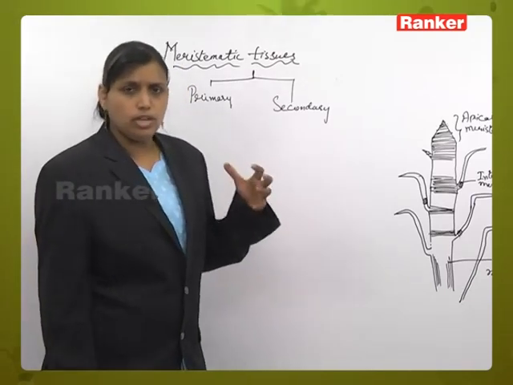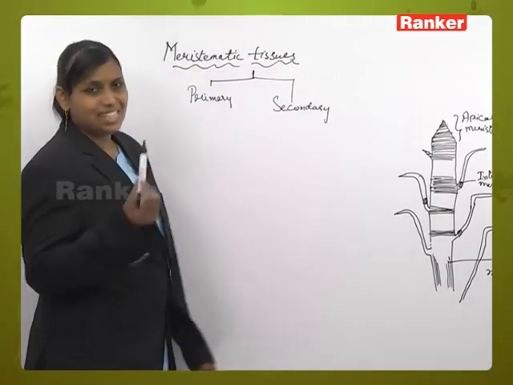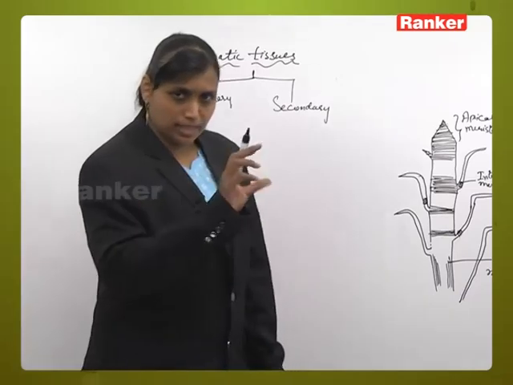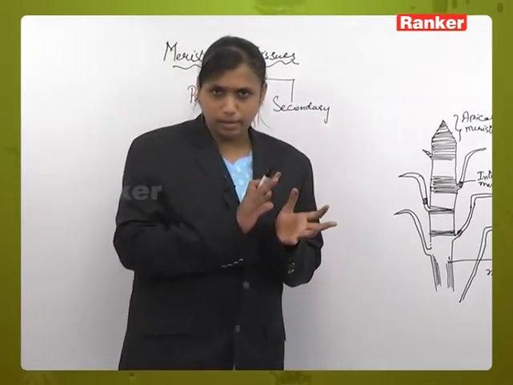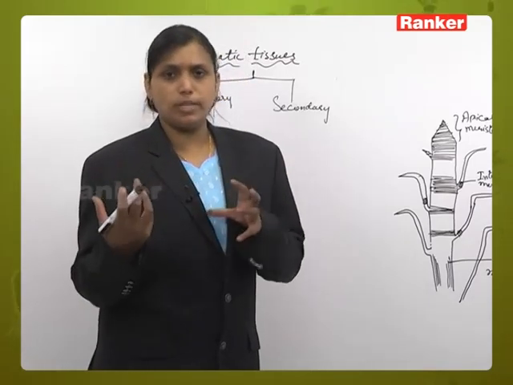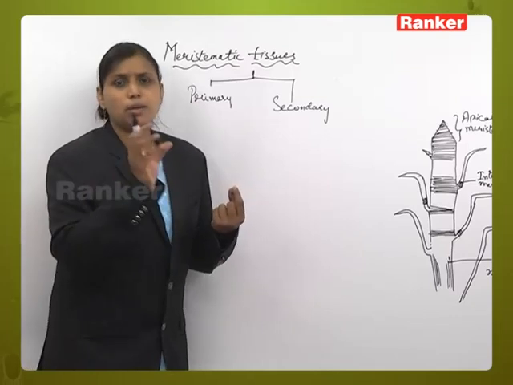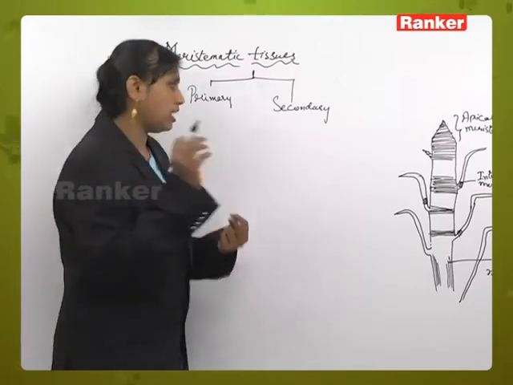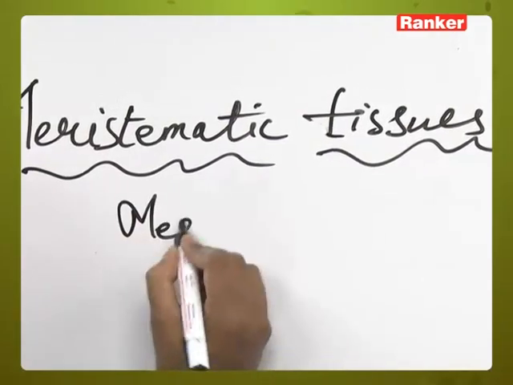Now when we come to the structure of cells, how can you differentiate that a particular tissue is a meristematic tissue? How can you differentiate between parenchymal cells, simple tissue, complex tissue, right? So there are some basic characteristics where we can say that this is a particular meristematic tissue. So what are the characteristics of the meristematic cells?